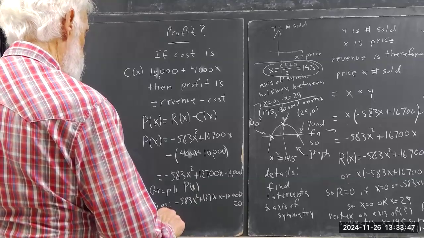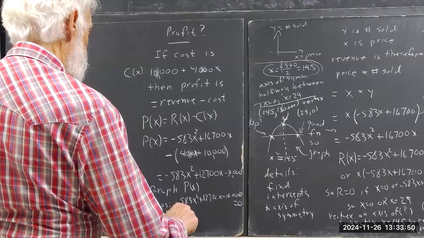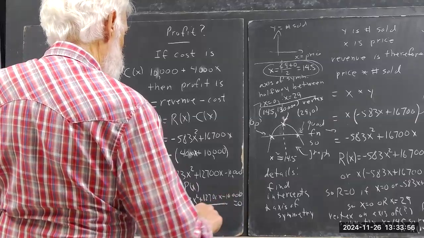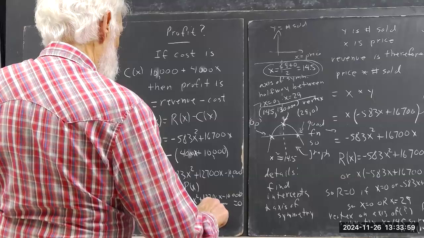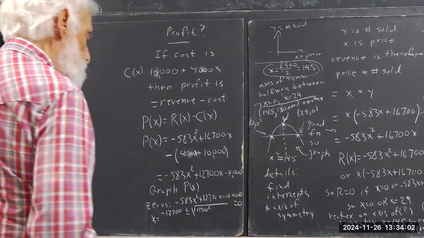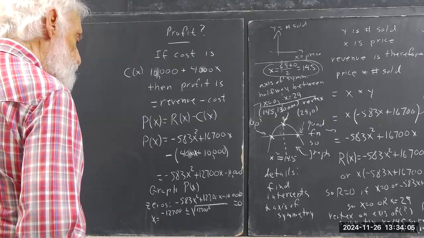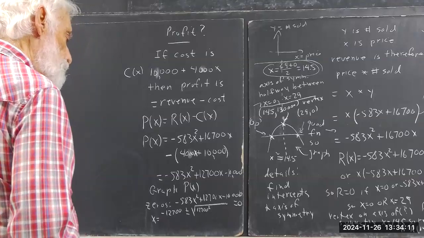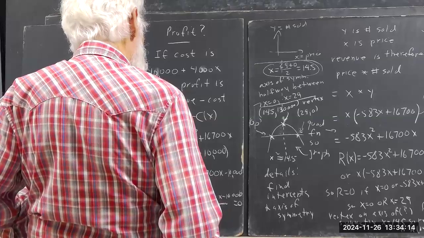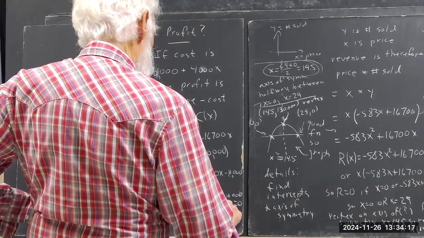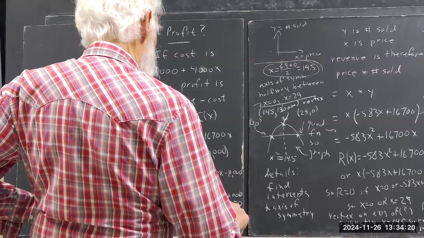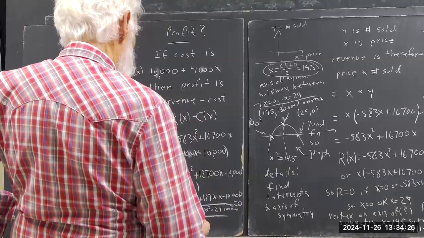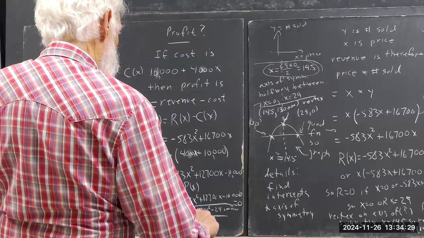The x is going to be negative 12,700 plus or minus the square root of 12,700 squared minus 5,830,000 times 4, which is about 24 million, all divided by 2 times negative 583.